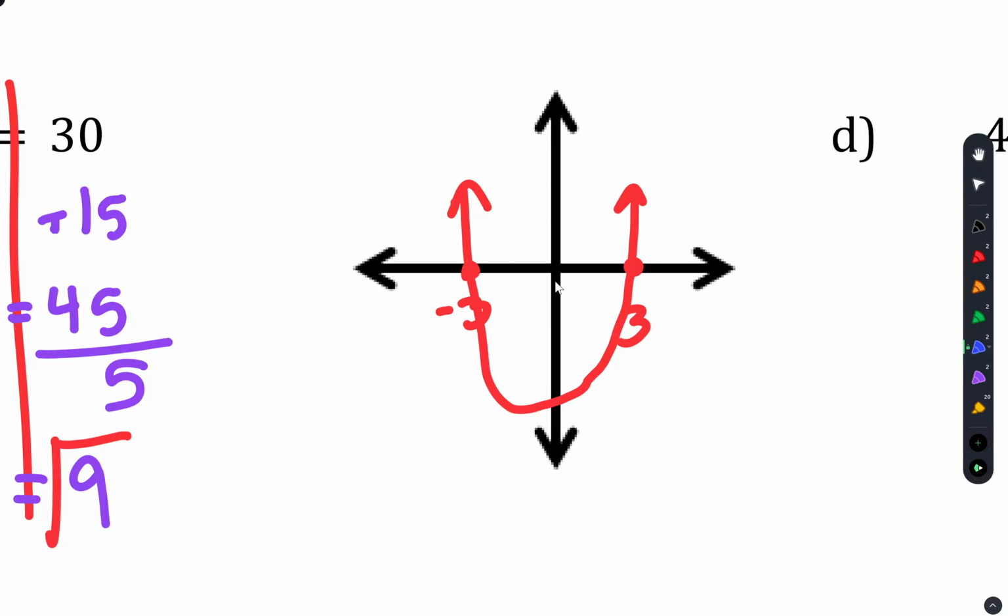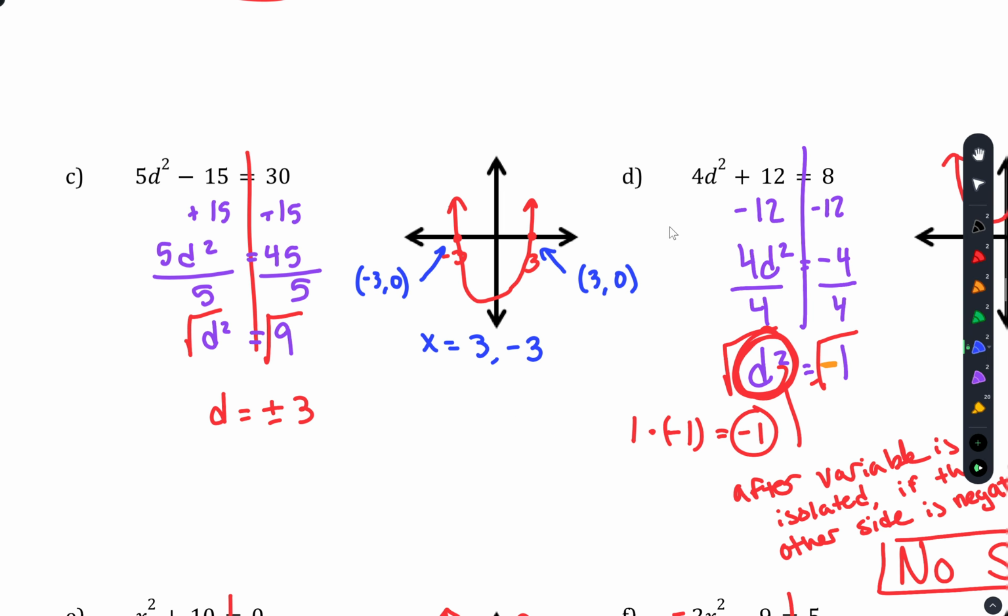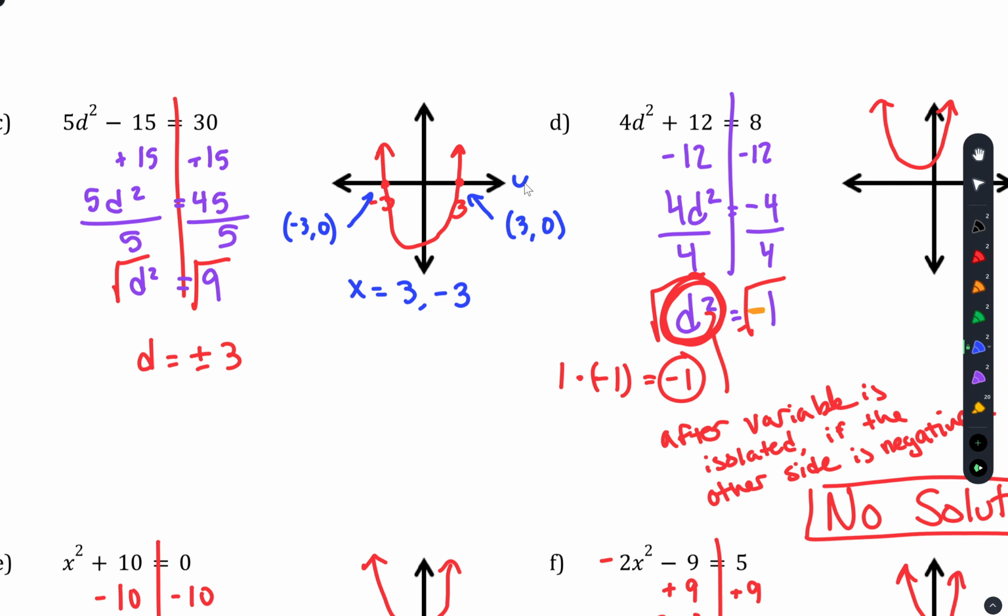Each one of those points, x equals 3, x equals -3, is a point on our graph. Specifically, they are points where the y value is 0. That is true for every x-intercept.